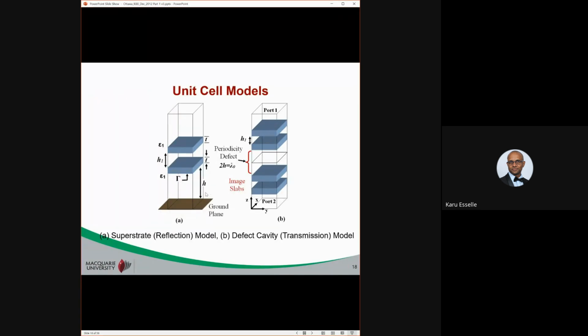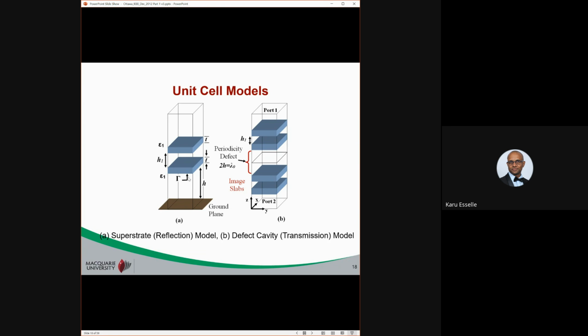So these are the two models. This is the reflection model. Remember, all resonant cavity antennas have a superstructure. In this case, the superstructure has two dielectric slabs, but it doesn't matter. Any resonant cavity antenna has a superstructure, then the resonant cavity and the ground plane.